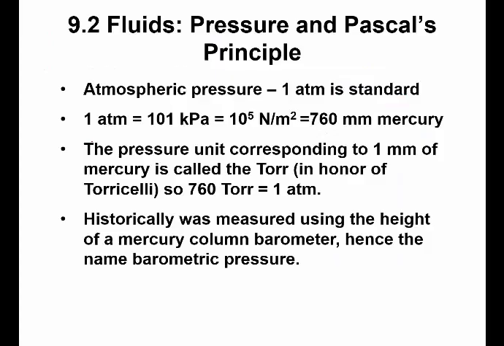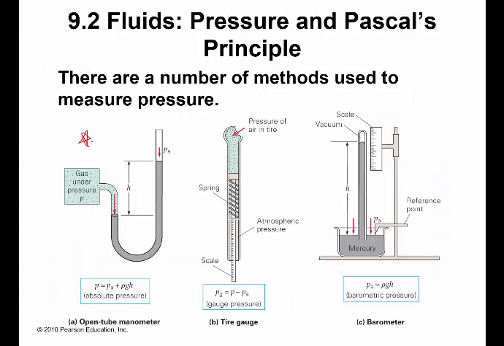So here, because it's open, we don't have this P A. It's open, so there's not a push down here, and so we end up with just P G H, which happens to be similar to the barometric pressure idea.